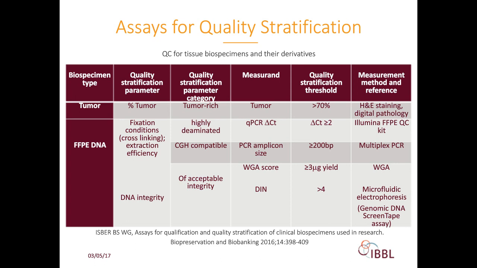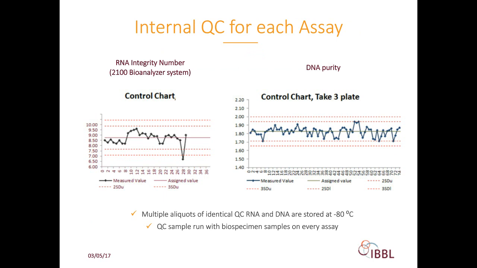Now, to finish with the internal control and to have the complete picture of the internal quality control procedures, each of the above mentioned assays is used, as I explained, as internal quality control for the corresponding processing method. Now, each of these assays must also have its own internal quality control.